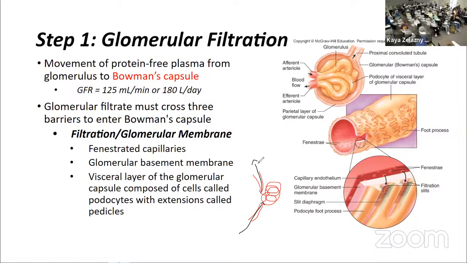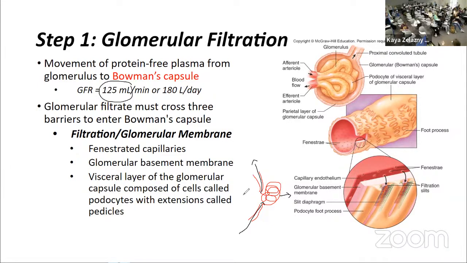Okay, so in this process, we are going to end up taking out 125 milliliters per minute of that plasma and pushing it into the nephrons of the kidney. So our filtration, we're filtering an awful lot of fluid.